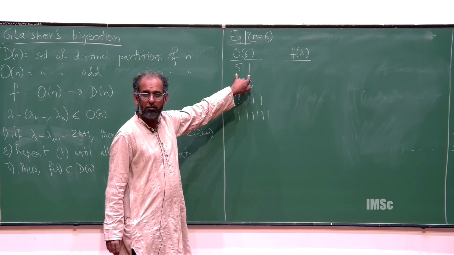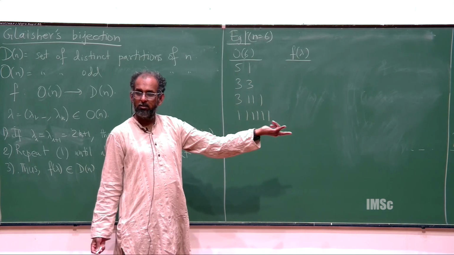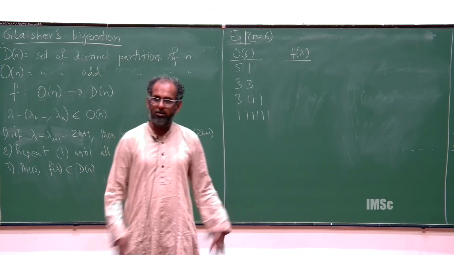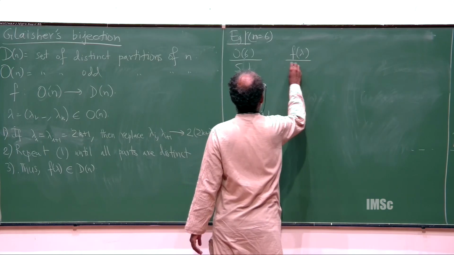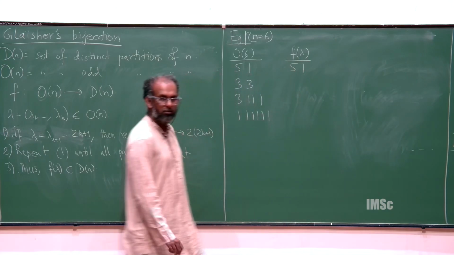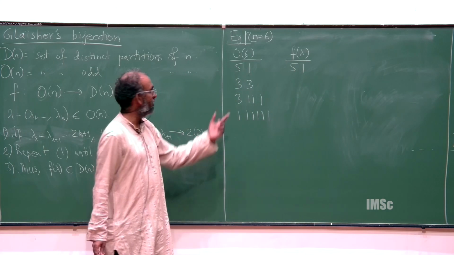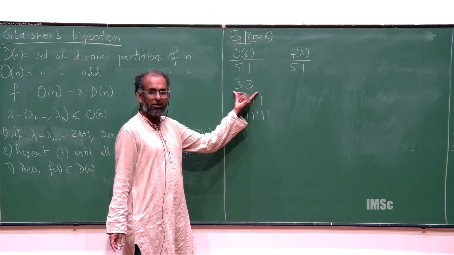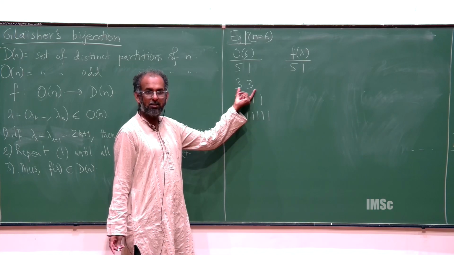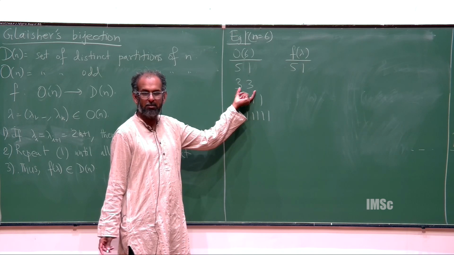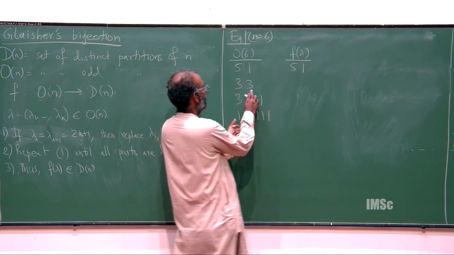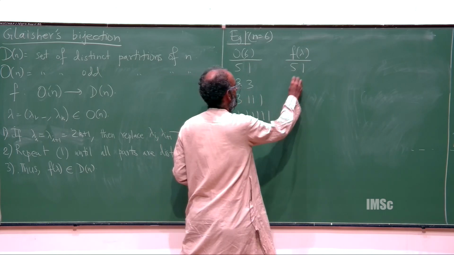It will remain the same because it's already distinct, right? If the partition is already distinct, there is nothing to do. So here I will get back 5, 1. Here, are there repeated parts? Yes, 3 is repeated. So what will I replace 3, 3 by? 6, because I will add these two and the process stops.